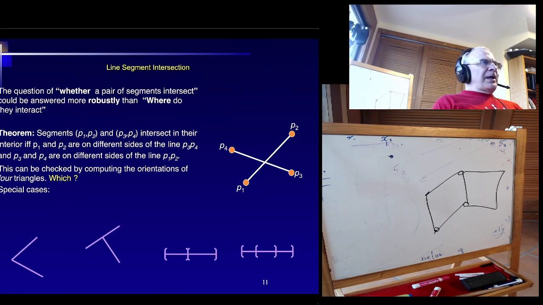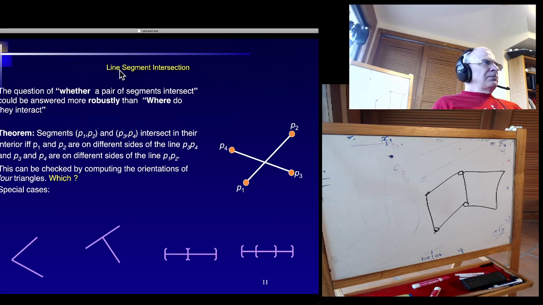So now when I have line segment intersection, just remember that the question of whether a pair of segments intersect, yes or no, I can solve robustly by playing with this orientation, because for two segments that intersect, it must be that the two endpoints P4 and P3 are on two sides of the line through P1 and P2.